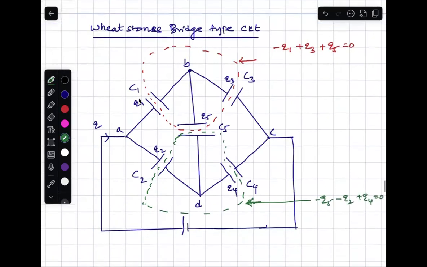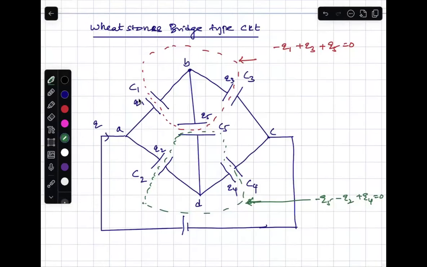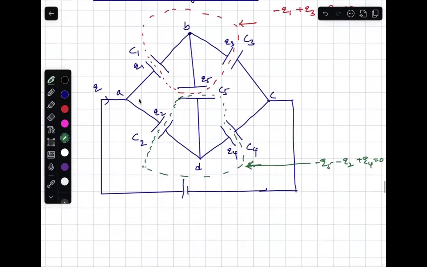See, C1, C2, C3, C4 can be adjusted in such a way that VB minus VD is equal to 0.